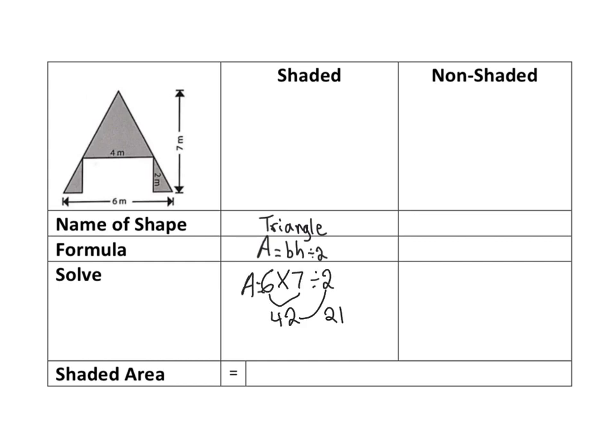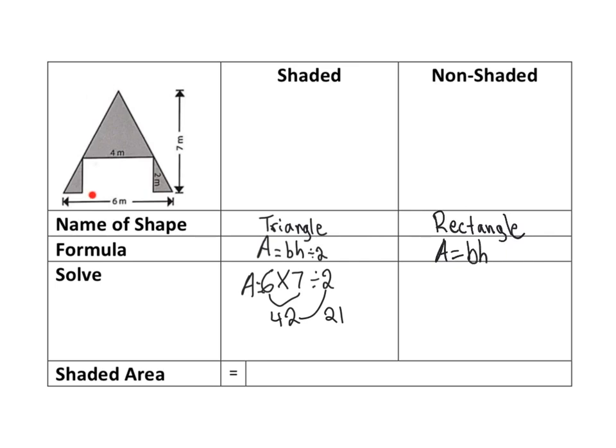And that's for area. Now the second shape, as we see here, the non-shaded, is a rectangle. So we're going to write rectangle. And the area formula for that is area equals base times height.